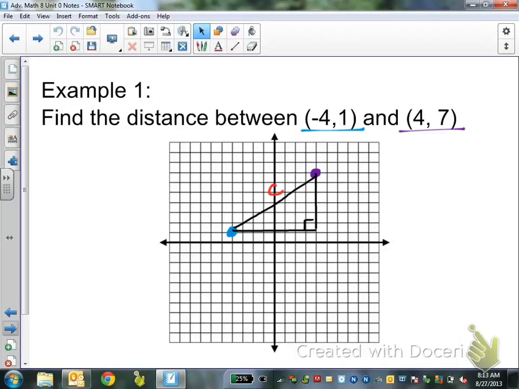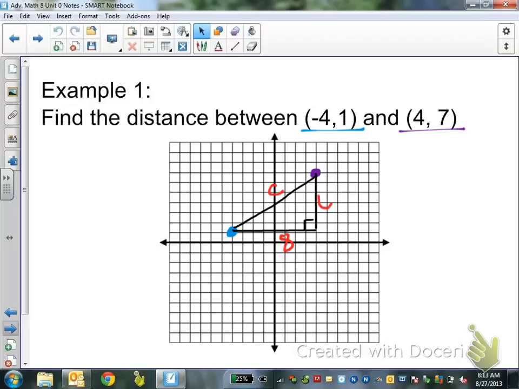From the blue point to where that line stops, I have 1, 2, 3, 4, 5, 6, 7, 8 spaces. So label that 8. And then going up to the purple point, that's 1, 2, 3, 4, 5, 6 spaces.